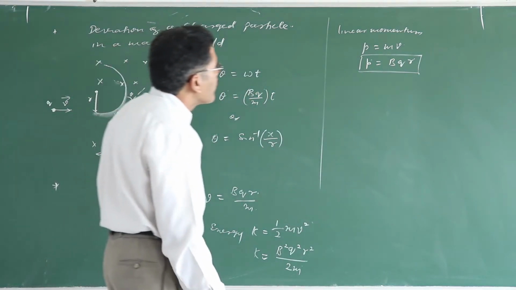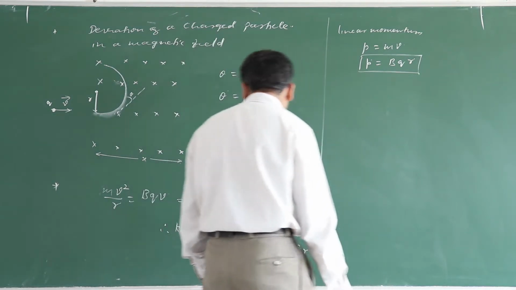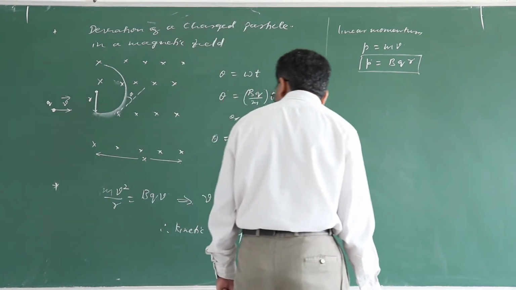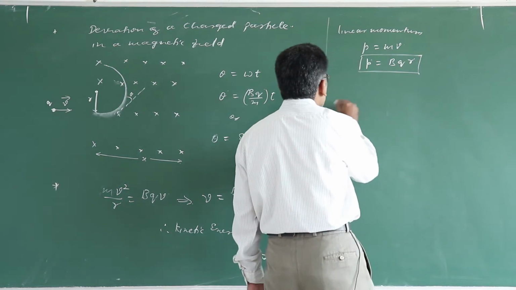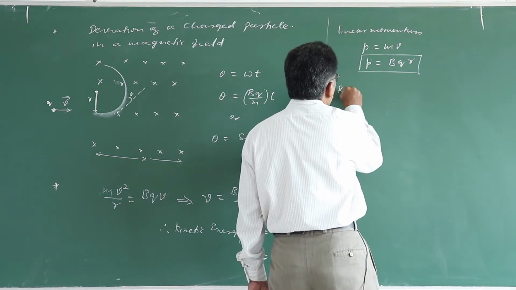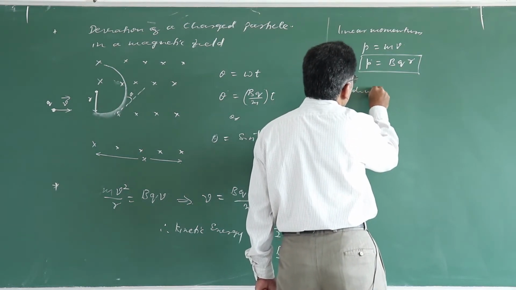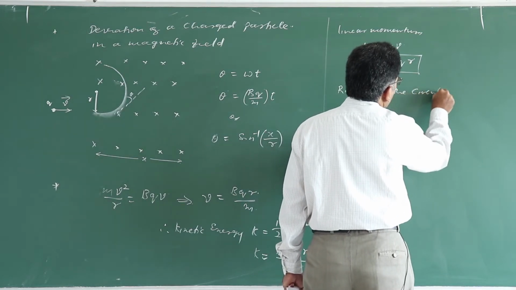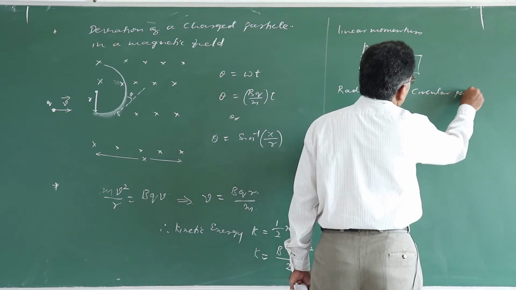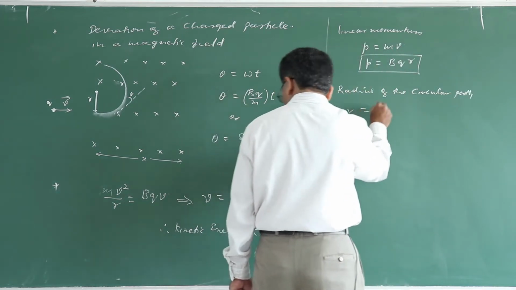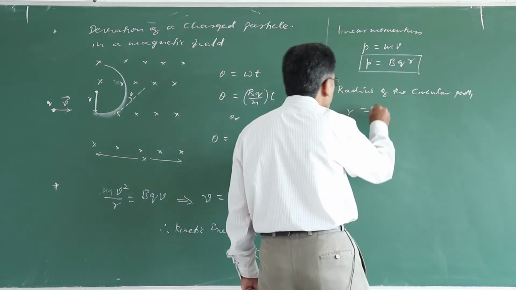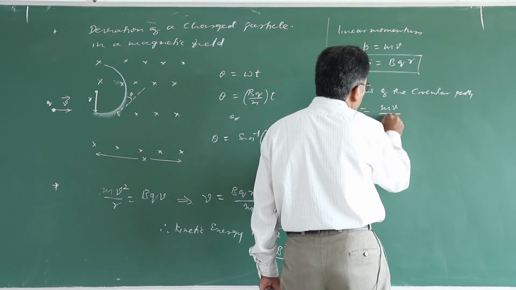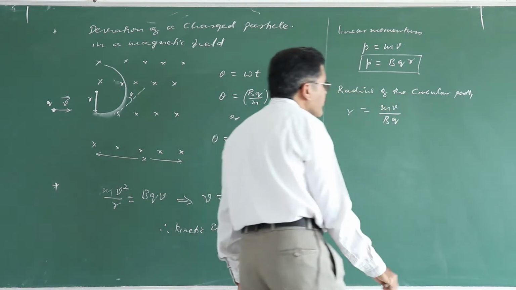And then the radius of the circular path is given by R is equal to m into v divided by B into q.